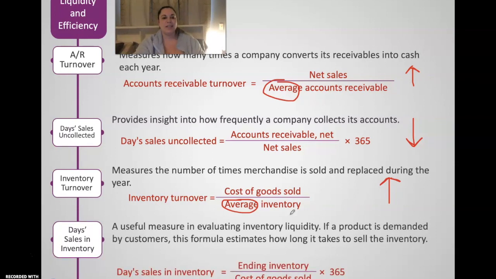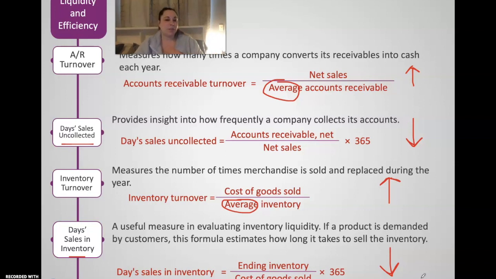Okay, days sales in inventory is similar to days sales uncollected. It's how many days we have our inventory before we sell it. We want a lower number because ideally we only want our inventory for as short an amount of time as possible before we end up selling it. Now this would be different depending on what industry we're in.